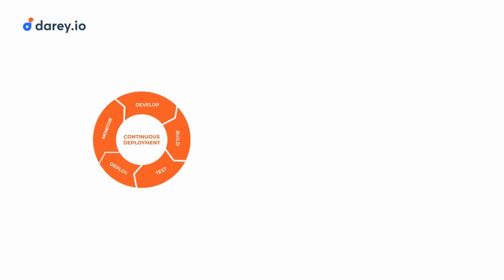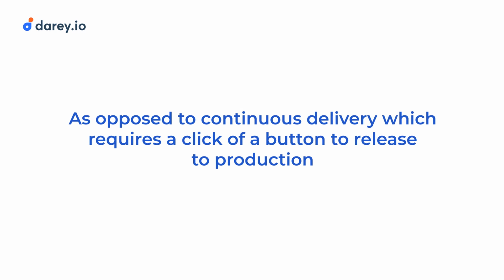Continuous deployment, on the other hand, takes continuous delivery a step further by automating the deployment of the software to production, as opposed to continuous delivery, which requires a click of a button to release to production.